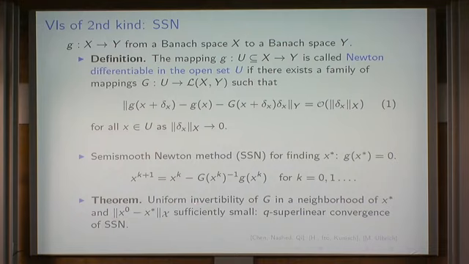Assuming that there is a solution, and assuming that in a neighborhood around this solution, X star, the G's which I pick are uniformly invertible, and I'm starting sufficiently close to the solution, then I get Q superlinear convergence, which means if I take the quotient of the norm of xk plus 1 minus x star over the norm of xk minus x star, then this quotient goes to 0.